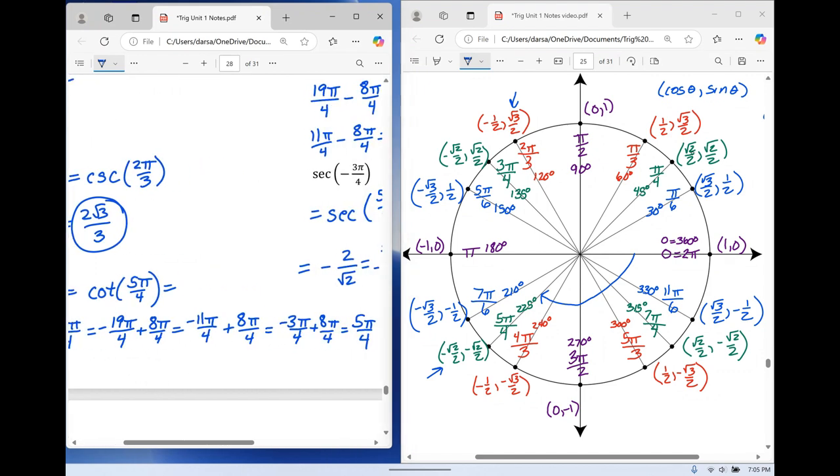So we find our angle 5 pi over 4, which is this diagonal right here. And then we think x over y, top over top. So that's negative square root of 2 over negative square root of 2, which is a cotangent of 1.